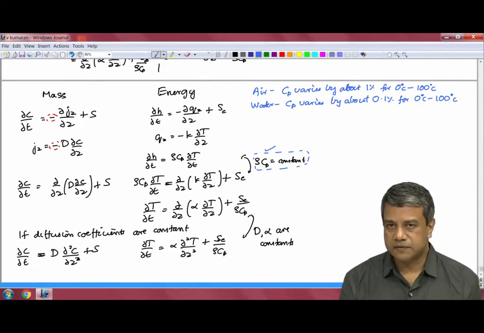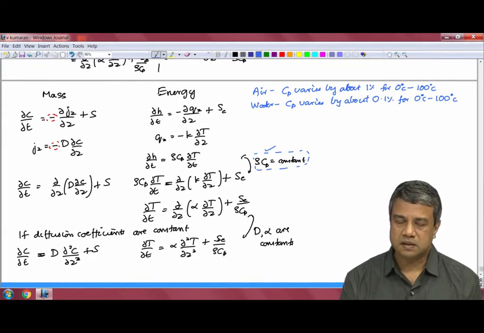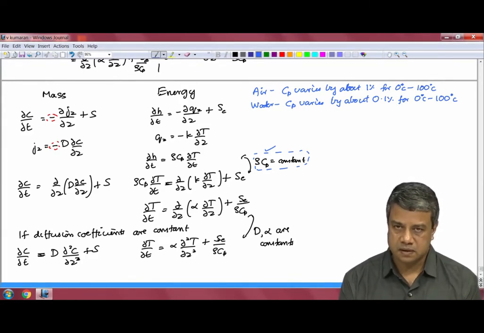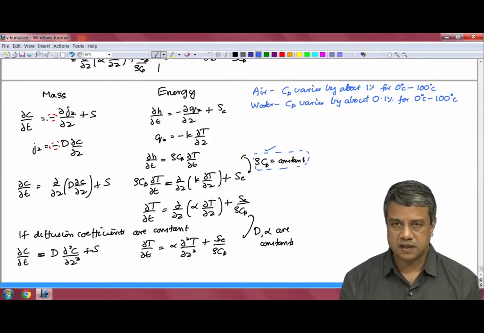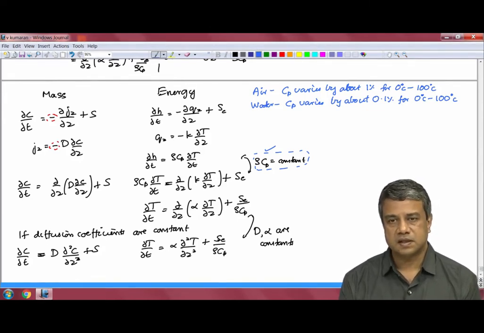The thermal diffusivities and the mass diffusivities are not in general constants. We saw when we discussed diffusion and dispersion that the thermal diffusivity and the mass diffusivity in gases are proportional to the absolute temperature to the half power, the square root of the absolute temperature, if the gas is a hard sphere gas.